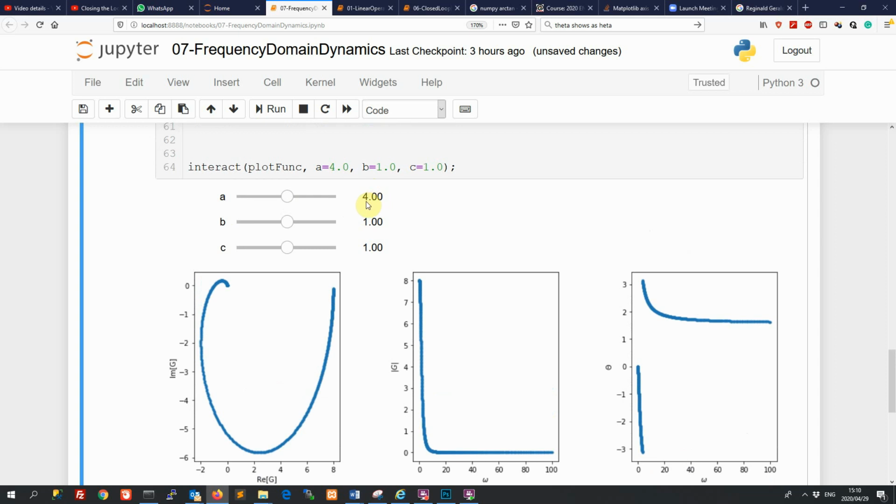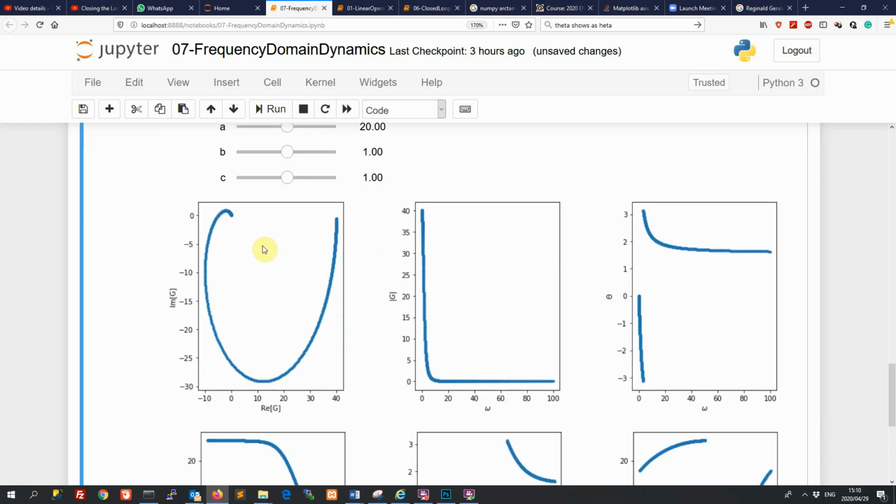That's where it just starts to go critical. Let's exaggerate that and try 20. Now you can see we are all the way to -10 here, so the x-axis has scaled. -1 is somewhere here. Now we are definitely circling that point, so we are definitely in the zone of instability this time.